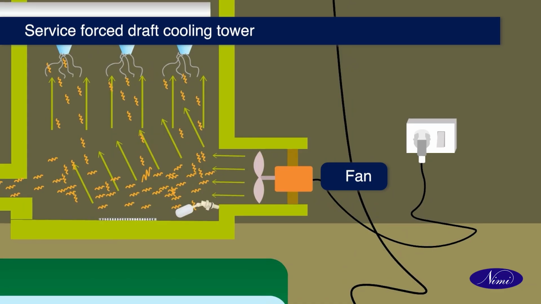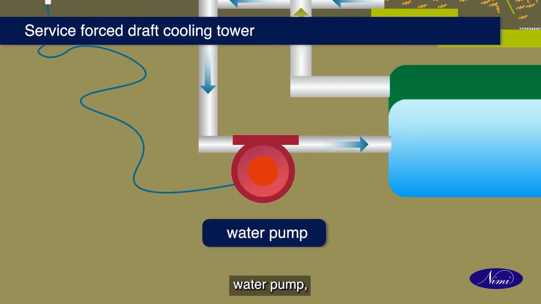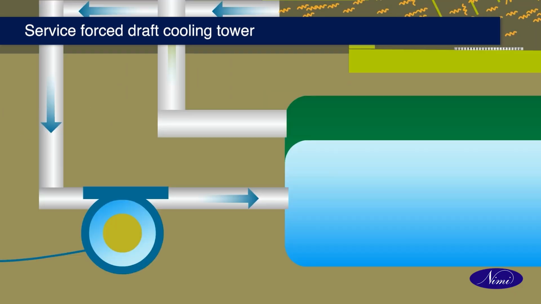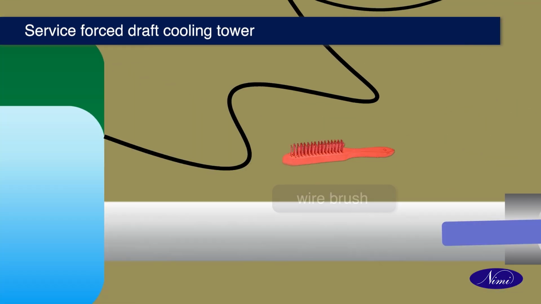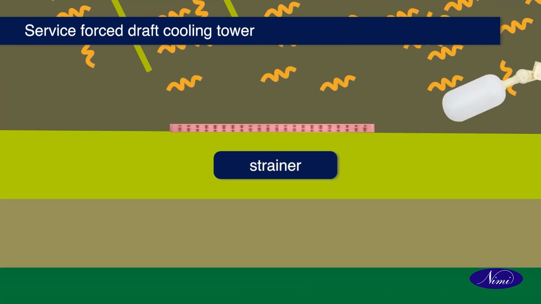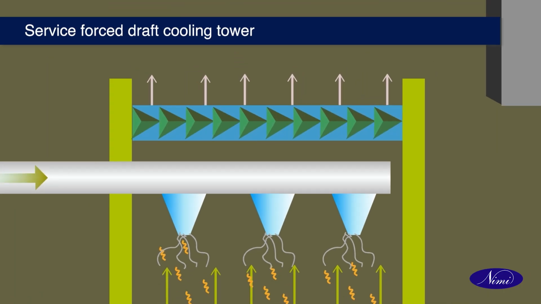Dismantle fan, water pump, float valve, wire brush, strainer, eliminator, spray nozzles.